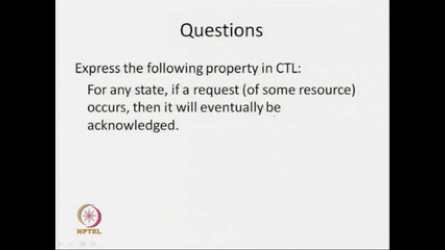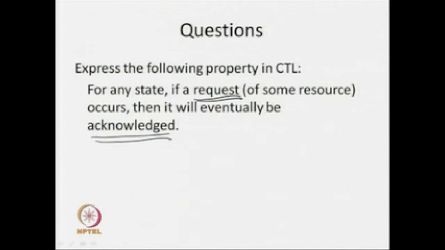Now, again you see that here we have two keywords, one is request and the second one is acknowledge. That means some process might have raised a request, and we said that this is a signal. If it has raised a request, then it goes active high, and if it is not requesting, then it is active low. So, request can be treated as an atomic proposition, its value is either true or false.